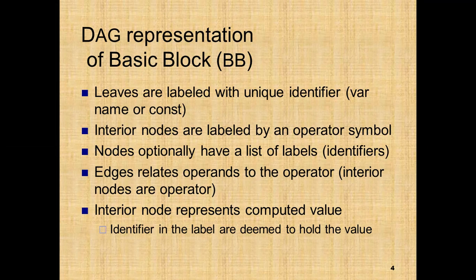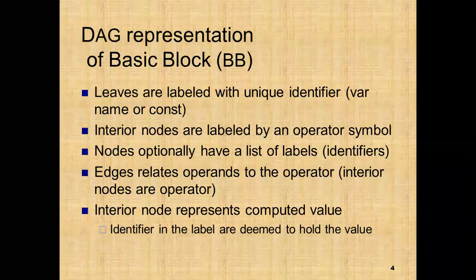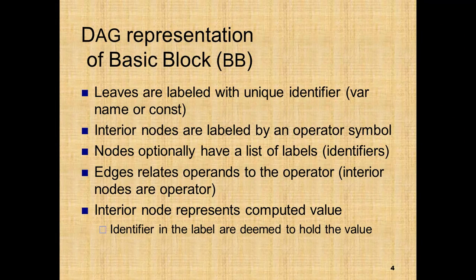First we will check that while writing the statements there is involvement of a number of identifiers. Whenever we write any source program, there is involvement of identifiers, constants and operator symbols. Then, whenever we are going to draw the directed acyclic graph, the leaves are labeled with the unique identifier.